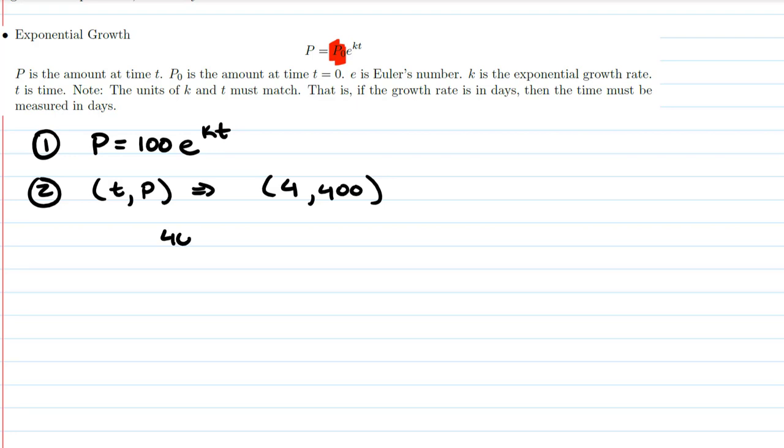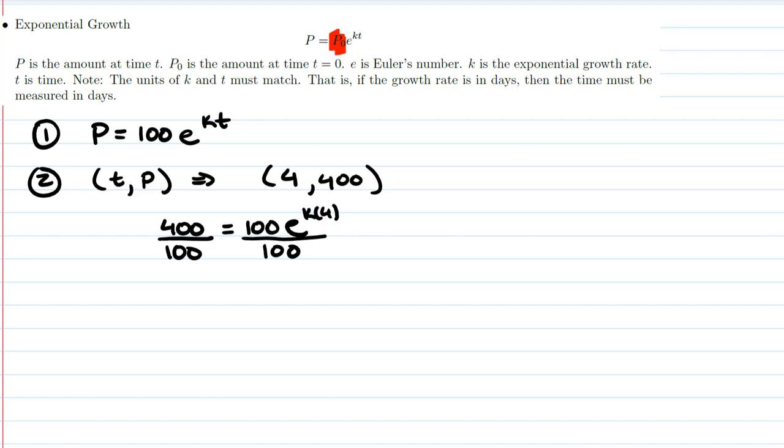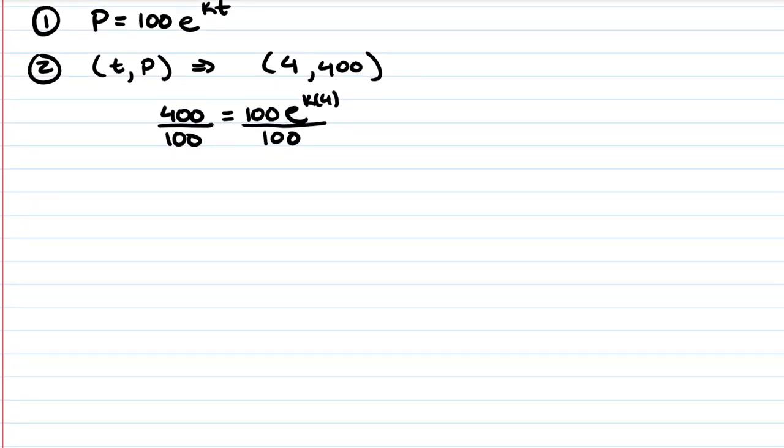So then this gives us 400 is equal to 100 e to the k times 4. So to solve this equation for k, we need to isolate our exponential by dividing both sides by 100, and that gives us 4 is equal to e to the 4k. So to undo an exponential base e, we have to use a natural logarithm. So the e and the natural logarithm reduce out, and we get the natural logarithm of 4 is equal to 4k.